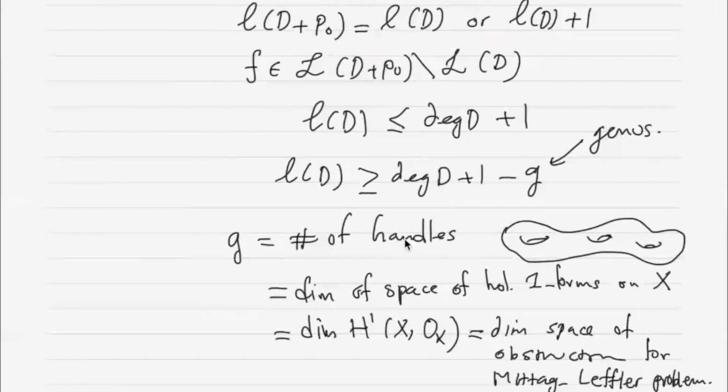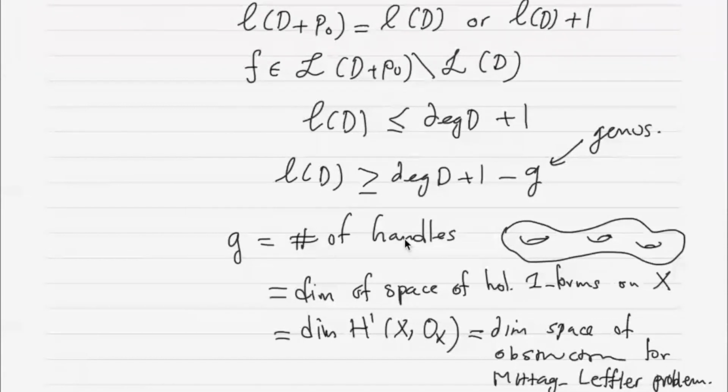It's about finding meromorphic functions where, for a finite number of points on the Riemann surface, you have their singular behavior. You have their Laurent expansion for negative terms. And for other points on your Riemann surface, they have to be holomorphic.